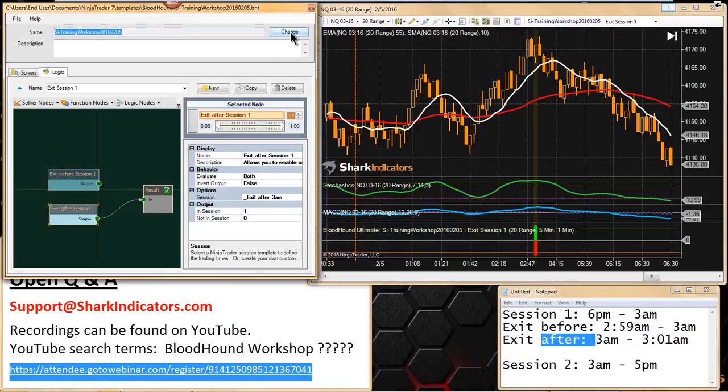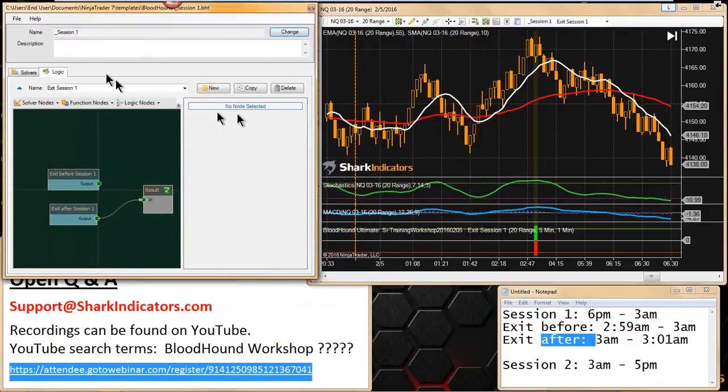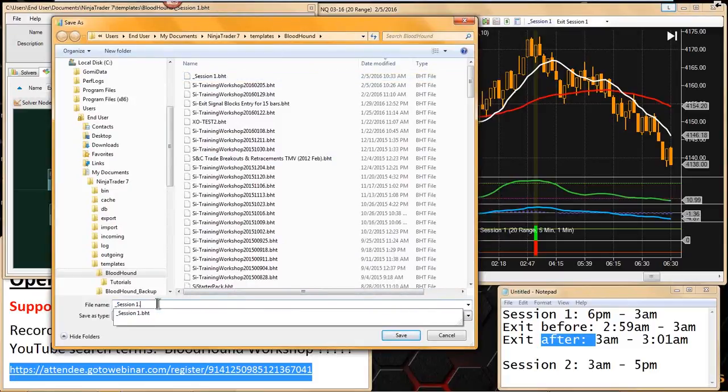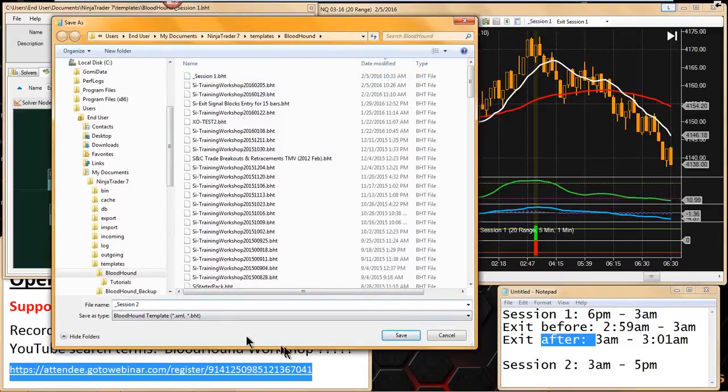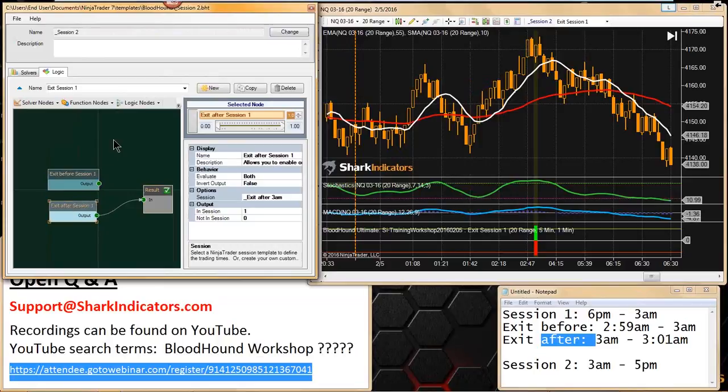Let me give an example here. I'll build one BloodHound template called session 1 and another one called session 2. So you could break your logic up into 2 BloodHound files.